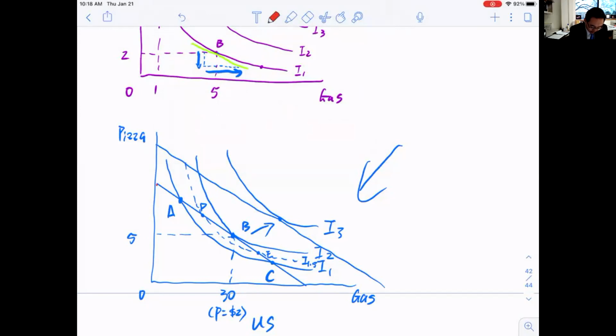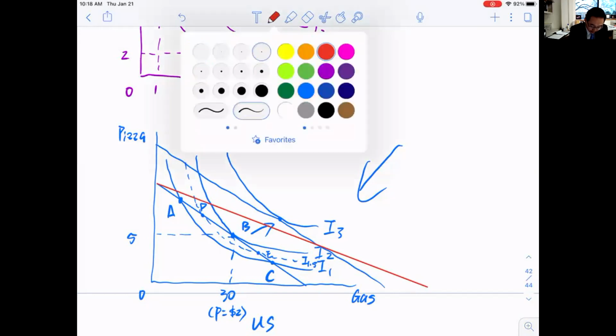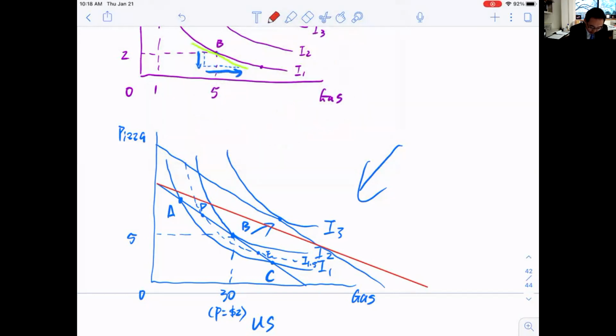Then you are going to have a new budget constraint that looks something like this, right? And your new optimal consumption, I'll just keep using red, will become something like this right here, right?